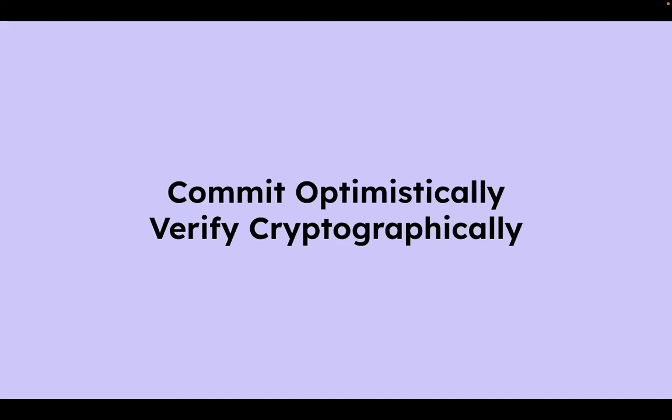The reason why we are building the ZK EVM or trying to find a better IVC is just to verify them cryptographically. But today, what I want to focus on is how to commit. I'm not talking about how to verify cryptographically, but how to commit optimistically.